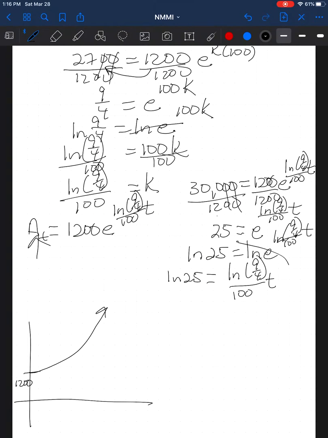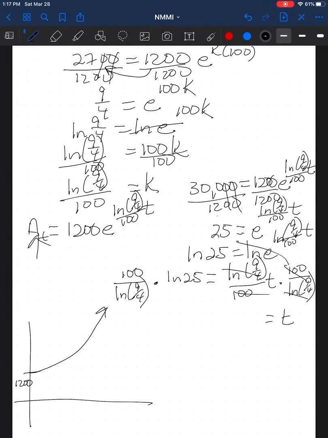So you can see there, we need to get t by itself, which means we're going to multiply by the reciprocal of this guy. So times 100 over ln of 9/4, and over here times 100 over ln of 9/4. Okay, so these cancel, and we're going to get t equals. And let me do this in the calculator real quick and take a picture of it and show it to you.